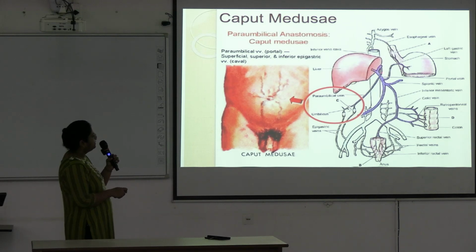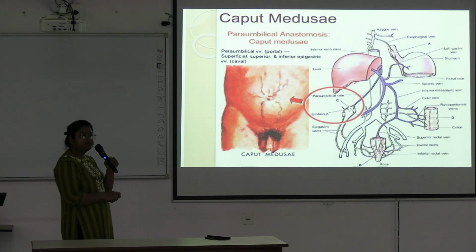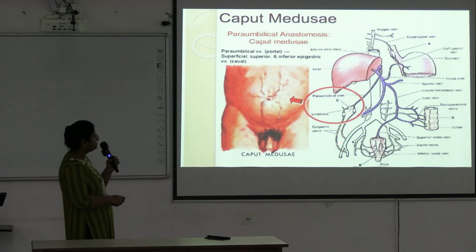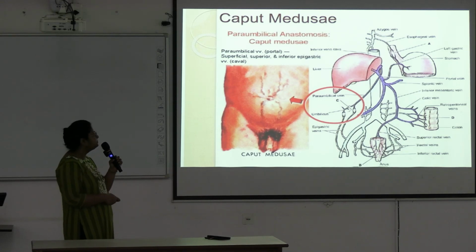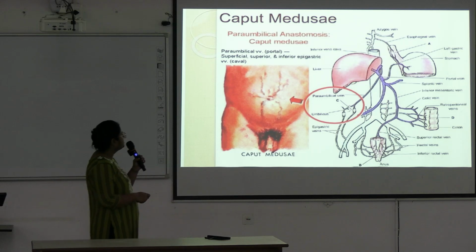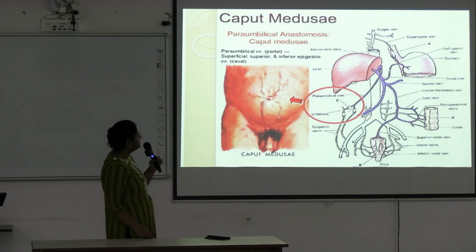So this paraumbilical vein is going to drain into the left branch of the portal vein, and they were coming from the caval system, the superficial epigastric and superior epigastric veins, coming from the iliac veins. The superficial epigastric is a branch from the femoral vein, and the superior epigastric is a branch from the external iliac vein. So that's how the anastomosis occurs in caput medusa.